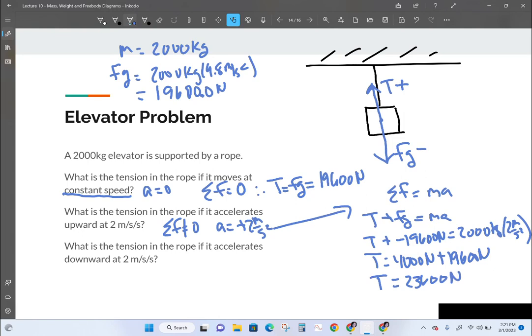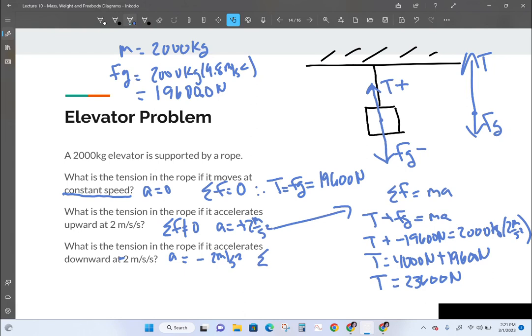If you're accelerating upward, this tension vector should be bigger than the weight, and it is. It is much bigger. But what if it was moving downward? Well, if it was moving downward, then a is going to be negative 2 meters per second squared.